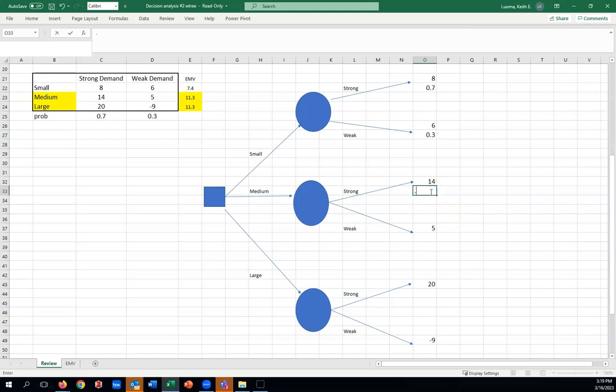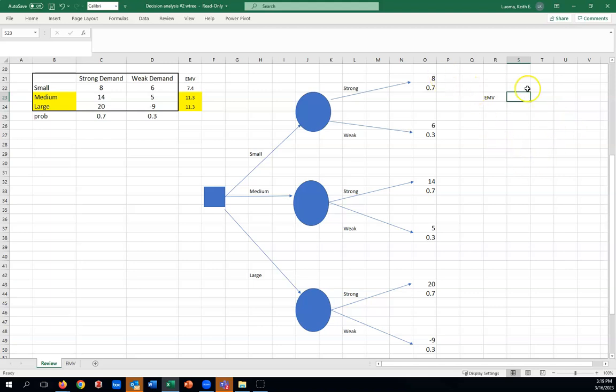And the same thing for the others, right? 0.7, 0.3, since we're just repeating, strong followed by weak demand. So in order to get the expected monetary value for each of these 3 different sizes of condominium complexes, just like I did over here in the chart, we want to do a weighted average.